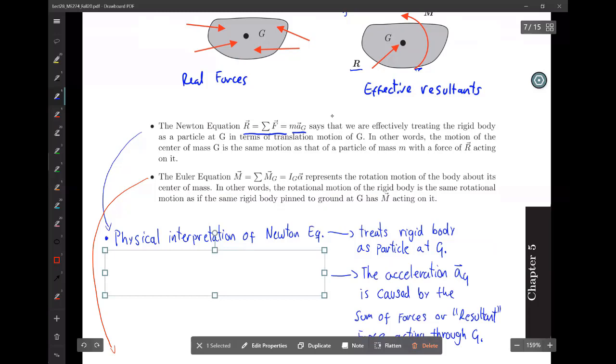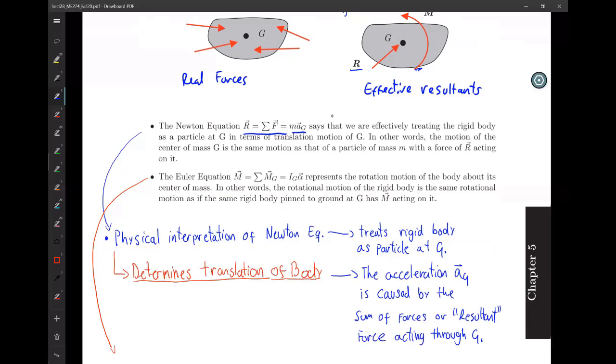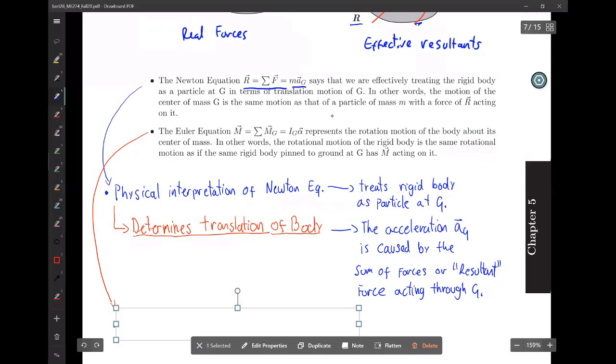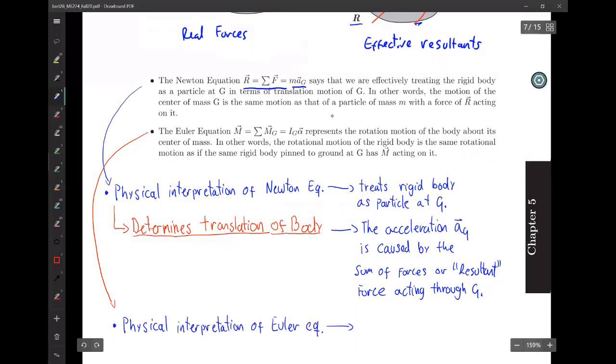So the acceleration is what determines the translation, the trajectory of the rigid body. The translation, all right? But rigid bodies can rotate as well. So what is the physical interpretation of Euler equation?